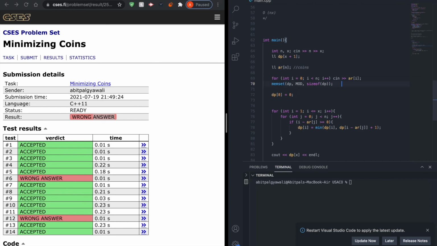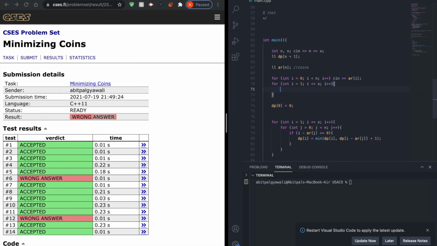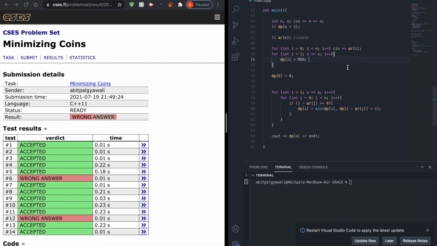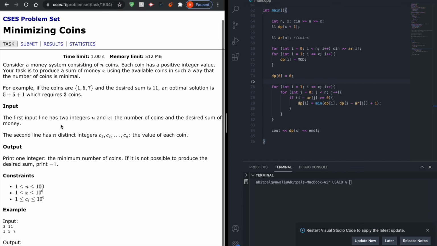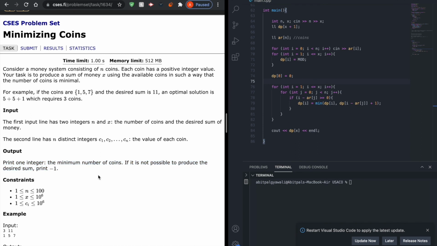And I'll just loop through it on my own, because sometimes memset doesn't work accordingly. So mod, and then I forgot a case.